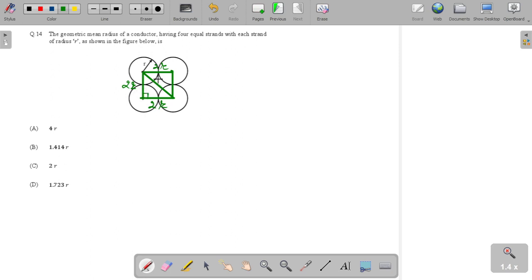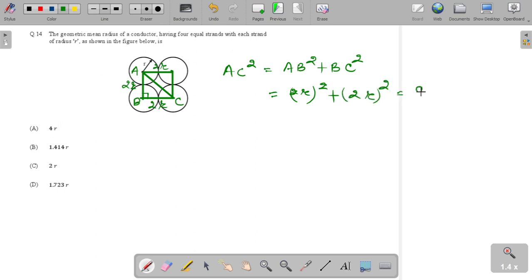Suppose this is A, B, C. So AC square will be equal to AB whole square plus BC whole square. This will be 2r whole square plus 2r whole square, which gives 8r whole square. So the length of AC becomes 2 root 2 r.